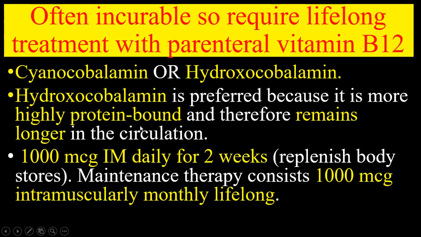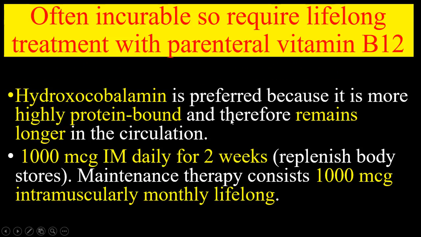Hydroxycobalamin is preferred because it is highly protein bound and remains longer in the circulation, and the dose is 1 milligram or 1000 microgram daily for 2 weeks, and then 1 milligram every month.